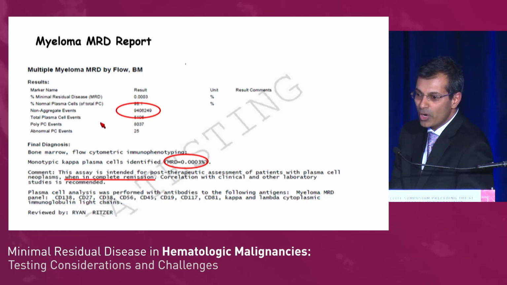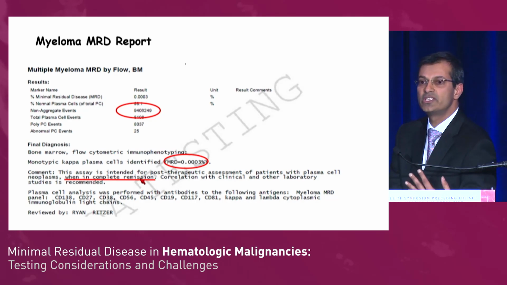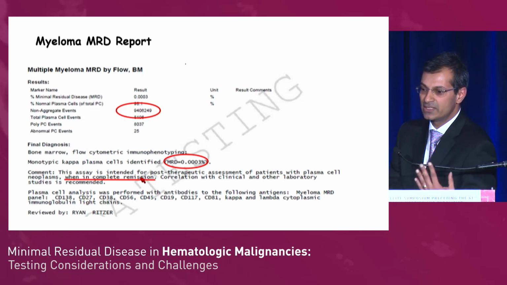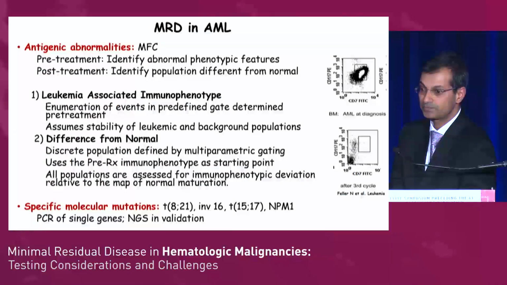And what is important to note here is the number of acquired events, which you can see was close to a million. And the patient had to be in complete remission. You cannot just test for MRD willy-nilly. You have to understand that this test for myeloma is applicable only in patients who have achieved complete remission.